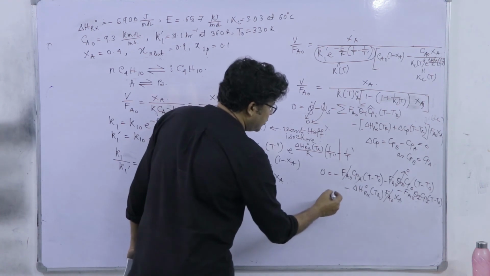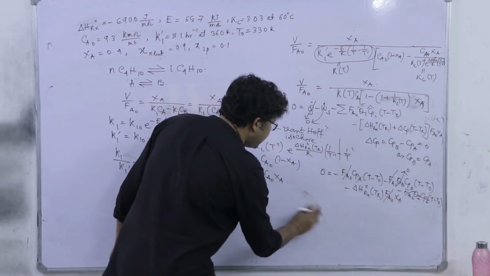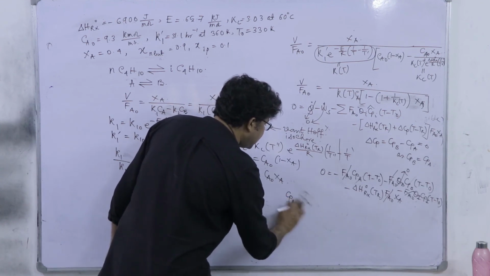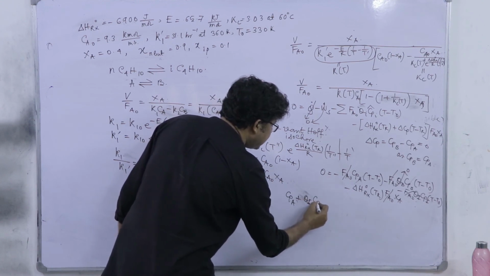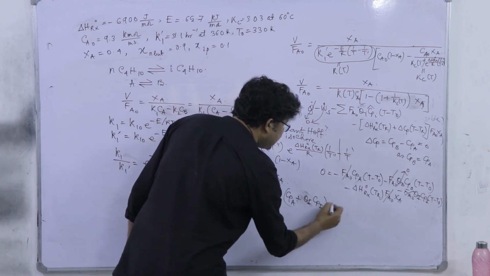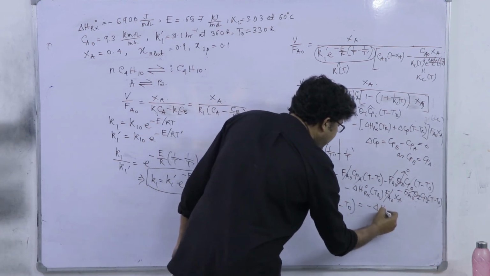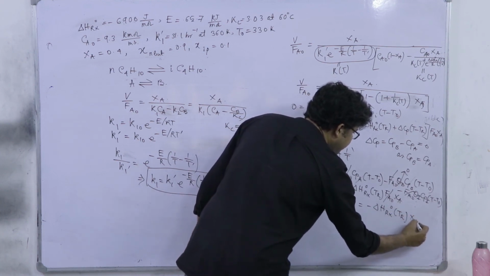So we have to do what? Fa naught is cancelling out. So we can write Cpa plus theta I Cpi into T minus T naught is equal to minus of delta Hrx at Tr into Xa.